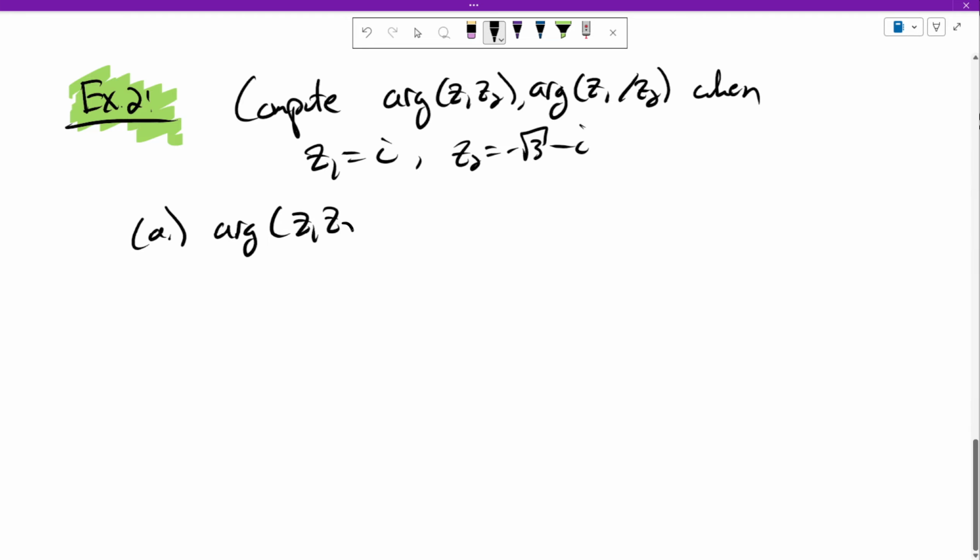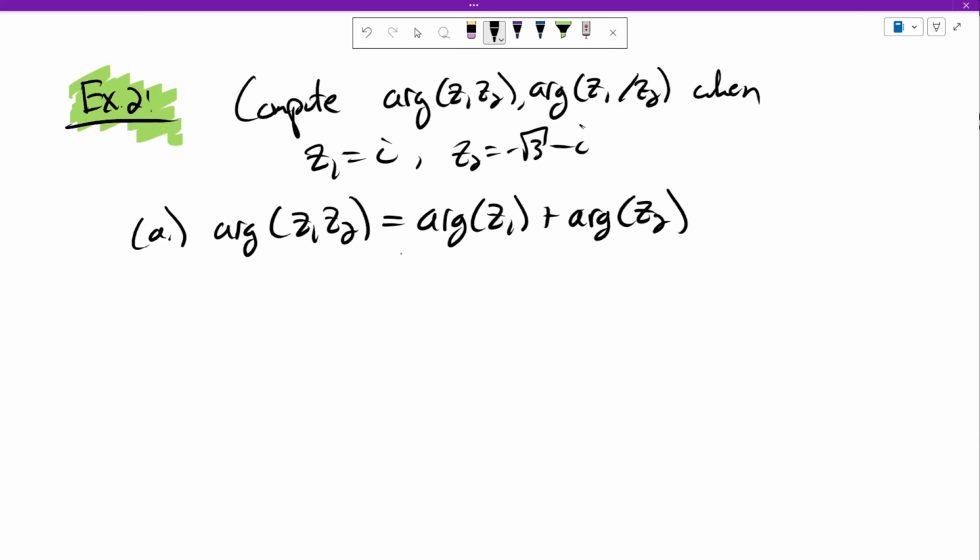The argument of the product is the argument of the first plus the argument of the second, from our textbook. And this is true since on both sides we consider all multiples of 2 pi added to any specific instance of the argument.